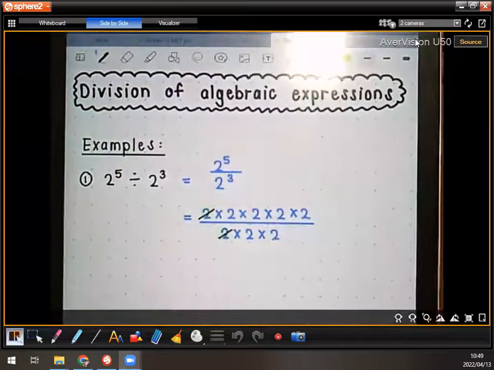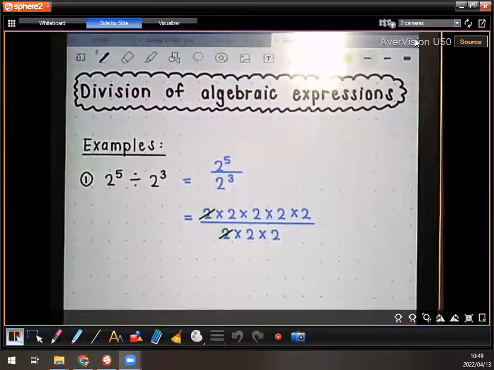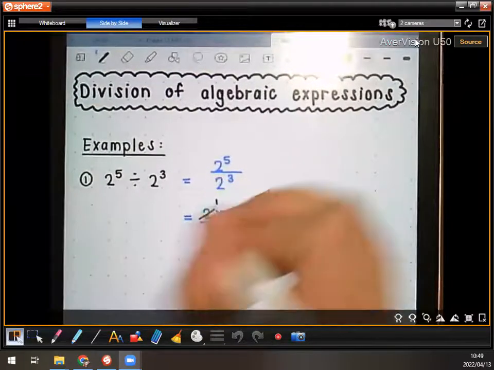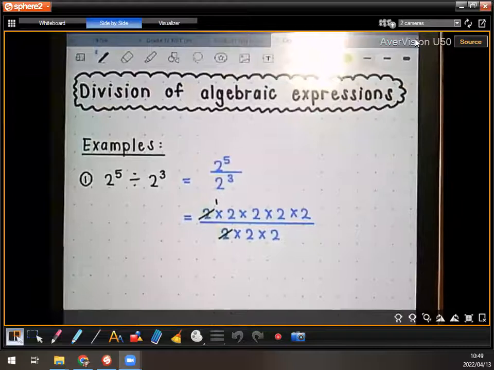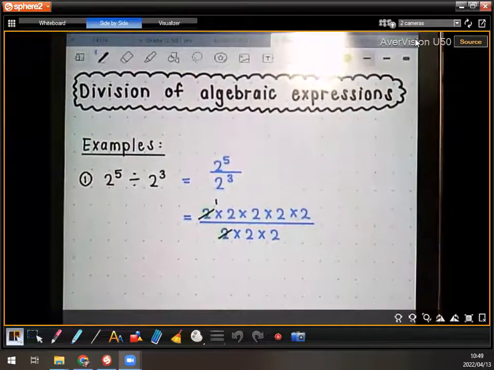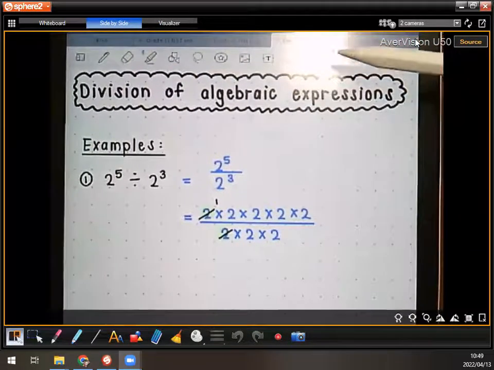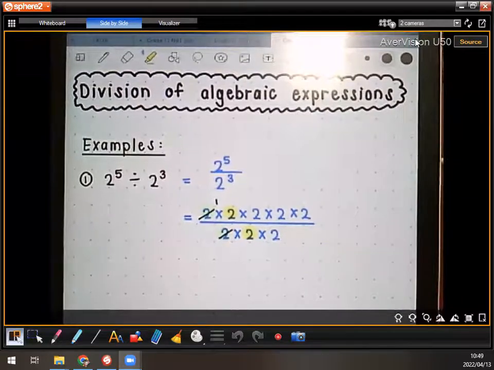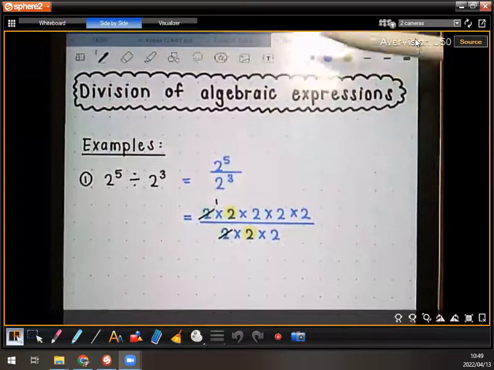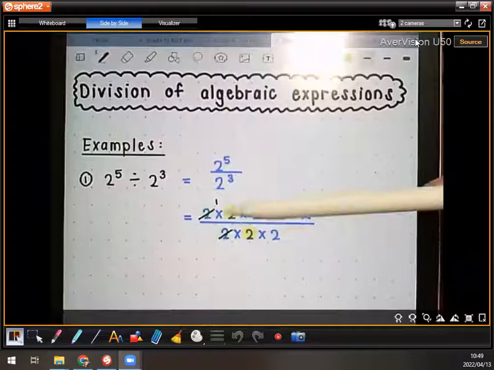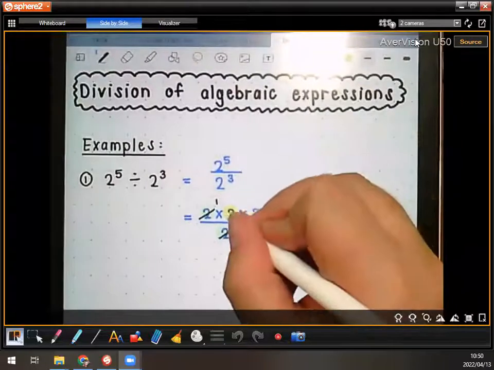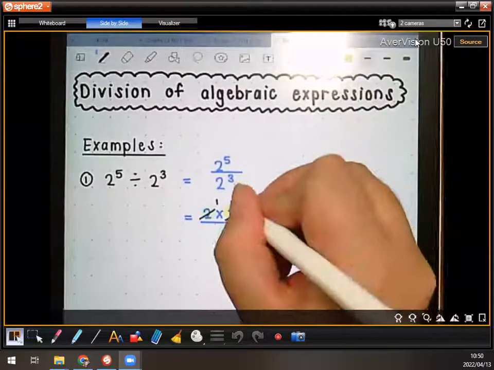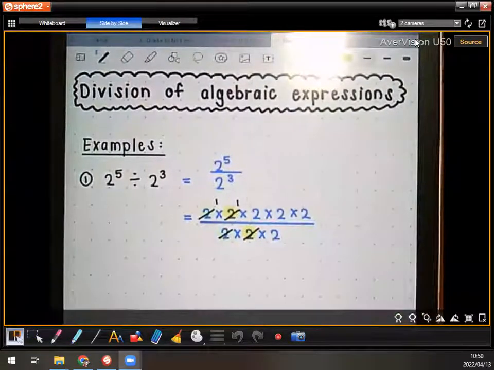You can actually draw a thin line through both of those, right? When we do that, 2 divided by 2 is 1. We are then going to do the same thing with the second 2 at the top and the second 2 at the bottom. What is 2 divided by 2 again? 1. So let's just draw a line through each of them. When I do that division, I'm also left with 1 here.